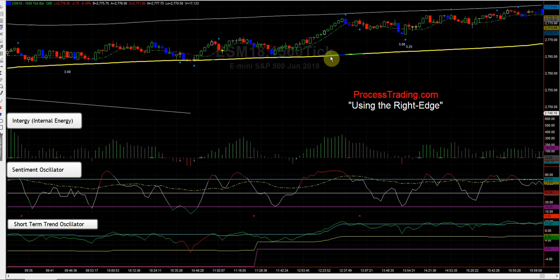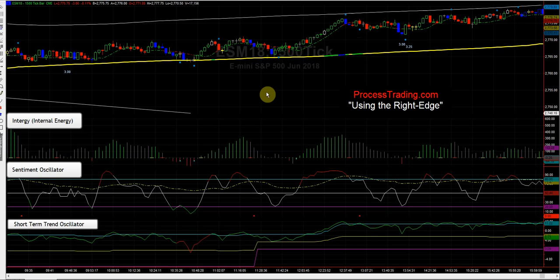The green is that price is somewhat extended. And the blue is that price is somewhat overextended. So when we want to take a contrarian position to the downside, we would like to see this blue occurring, which it did occur just before the professional bar came in to the downside.